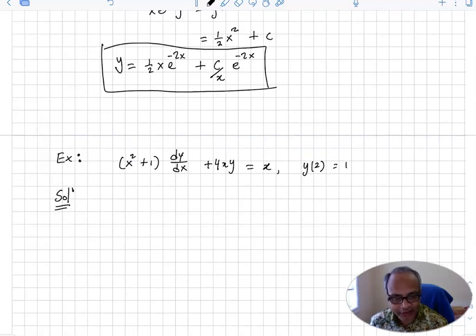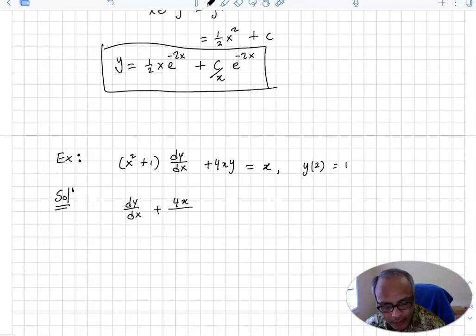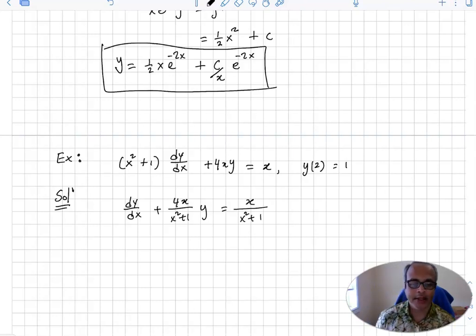So it is a linear differential equation but not written in the standard form, so we first convert it into the standard form. In order to convert into the standard form, you divide by the coefficient of the highest derivative, which is in this case x square plus 1.